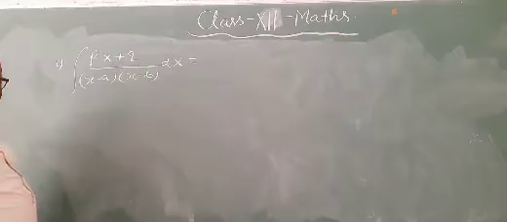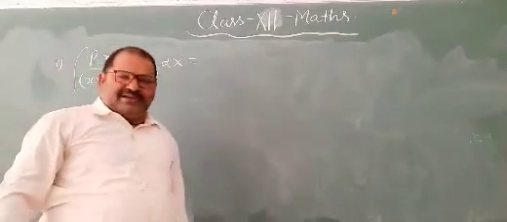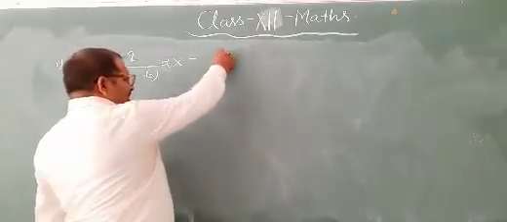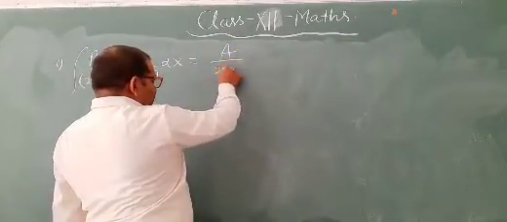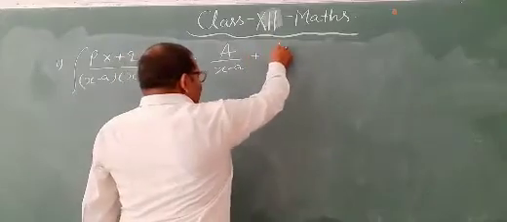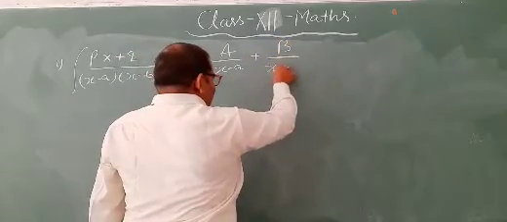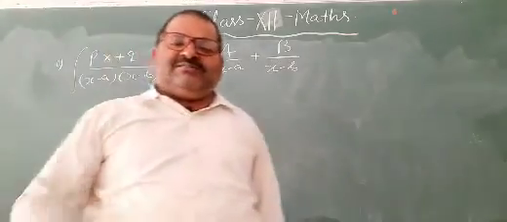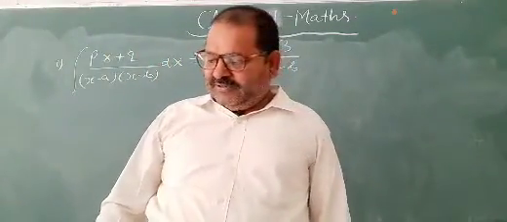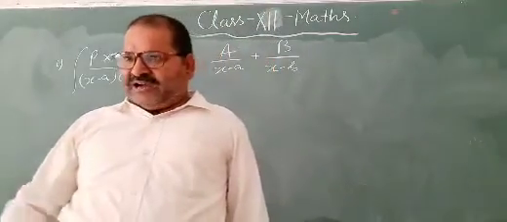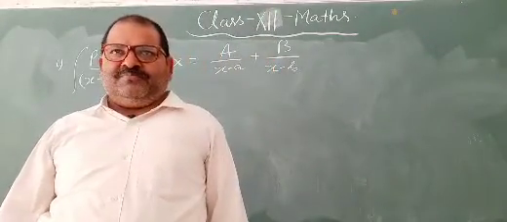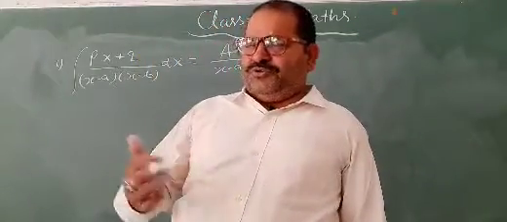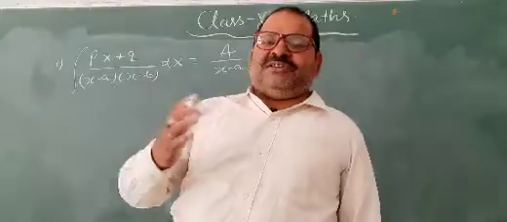Now this integration we break into the partial fraction: a upon x minus a plus b upon x minus b. This is the conversion of an integration into the partial fraction.